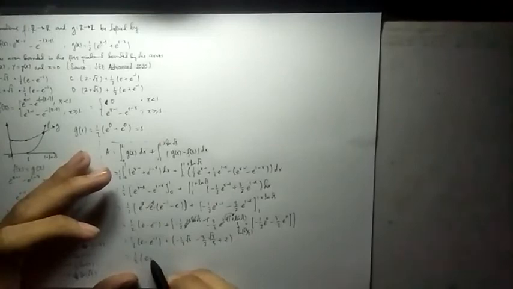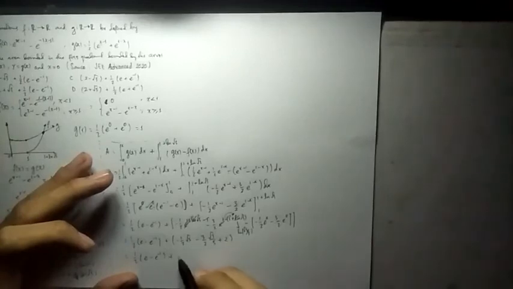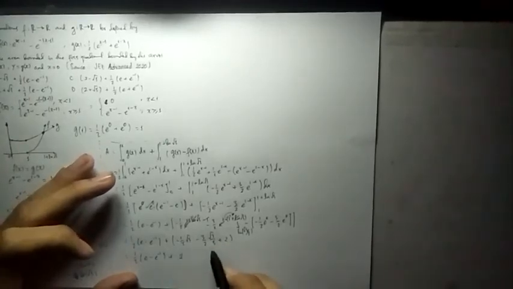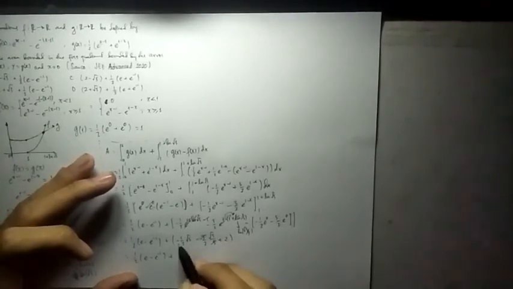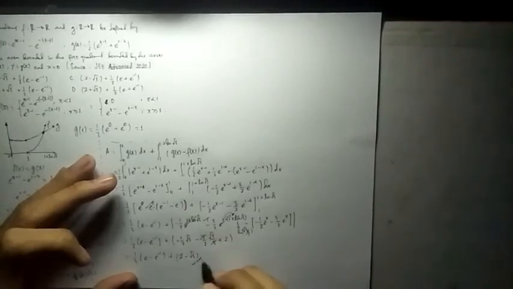Now it's done. And this one is negative 1/2 minus 1/2 is negative 1, so 2 minus root of 3. Alright, so it's done. So the answer is A.